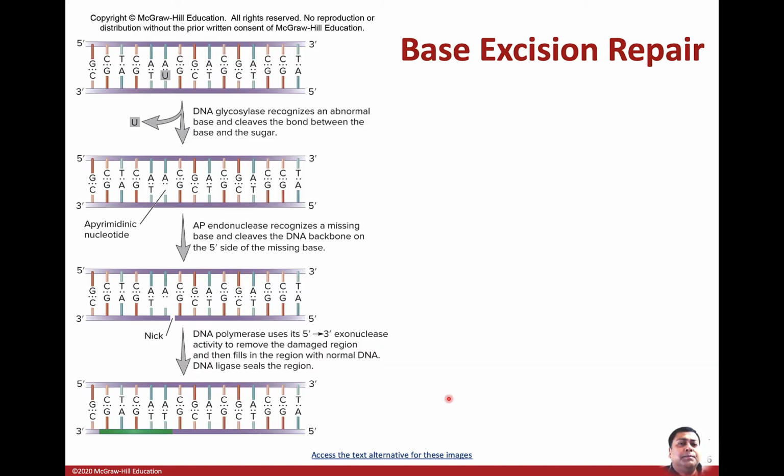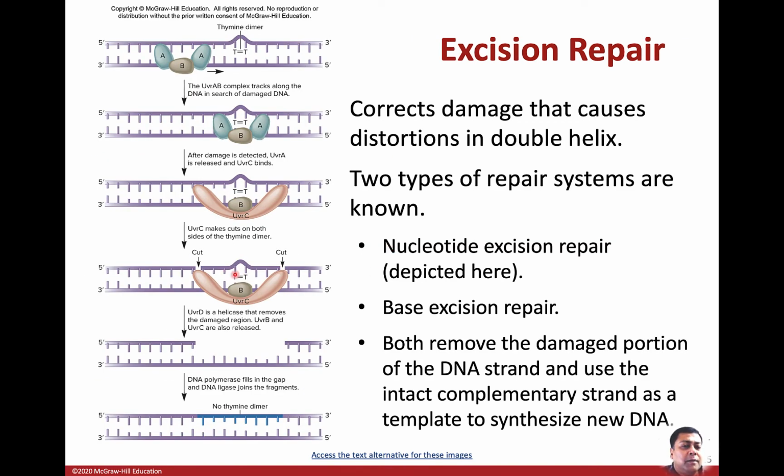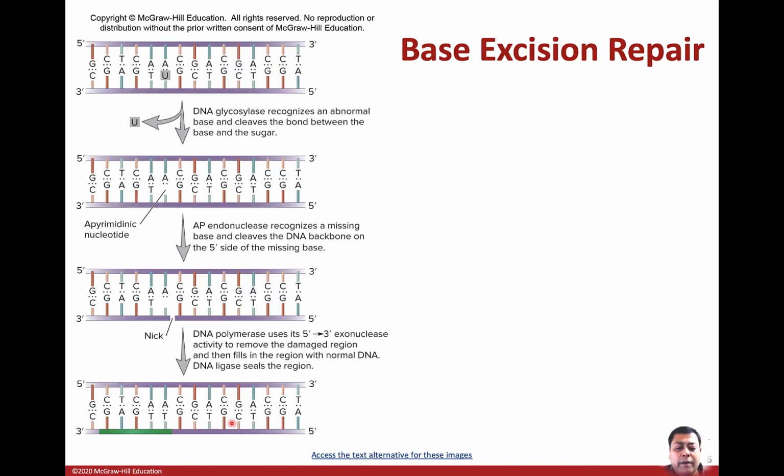On the other hand, this is base excision repair. This is a little bit different, where in the previous case you have a distortion in the DNA and a stretch is repaired, whereas here you have just a single base excision repair.